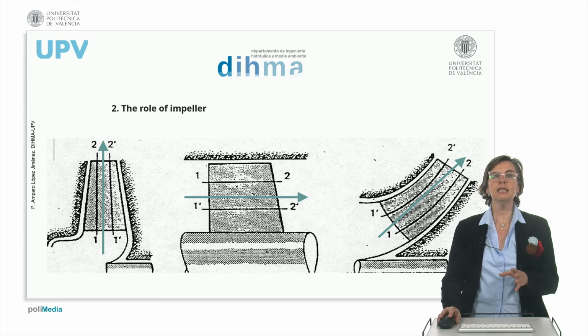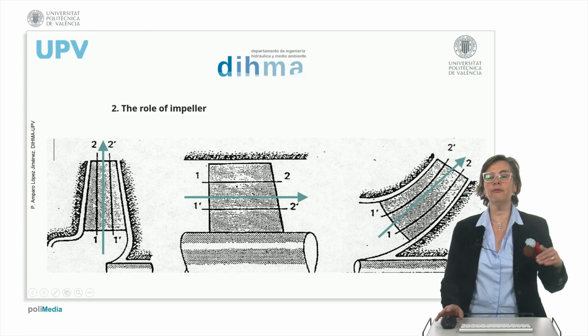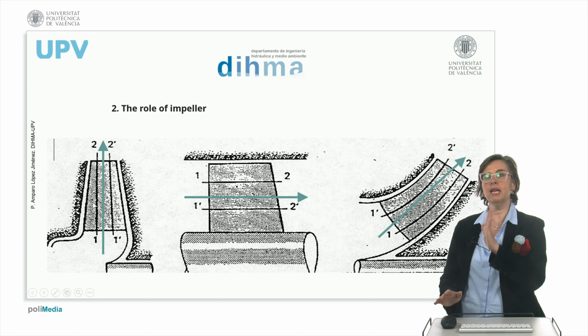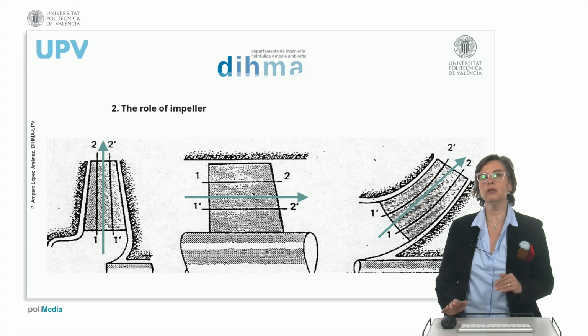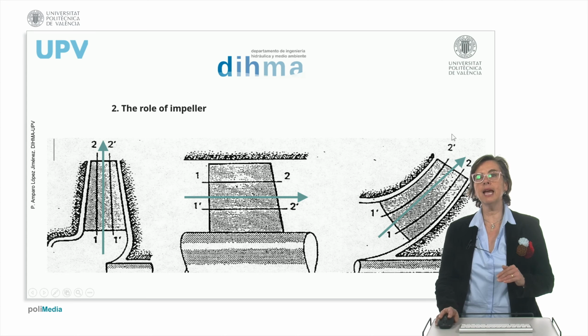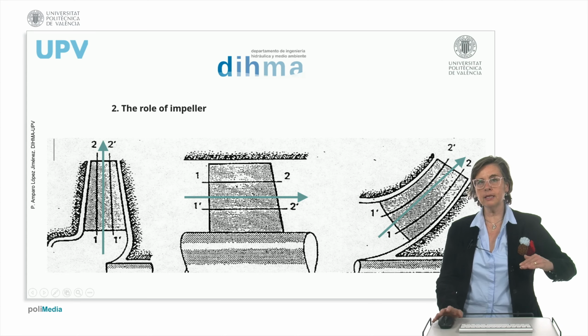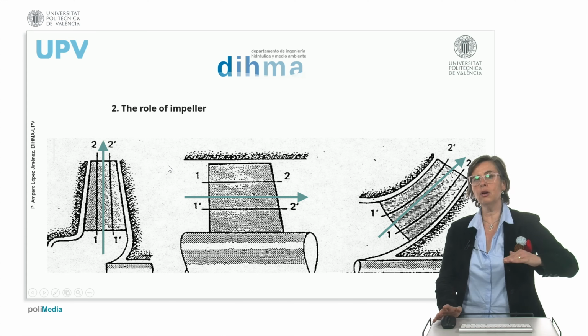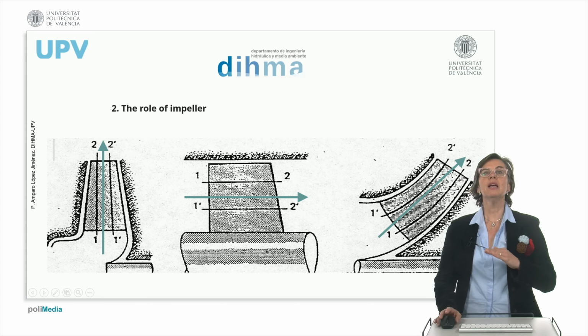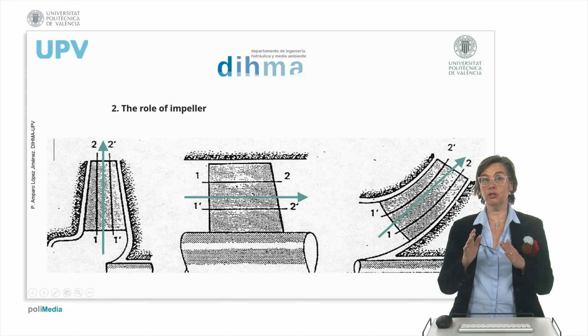In this case, here we can see where the flow enters in the direction of the axis and goes out perpendicularly. And in this case, we can see where the flow enters the machine and goes out in the same direction. At the end, we have a mixture.